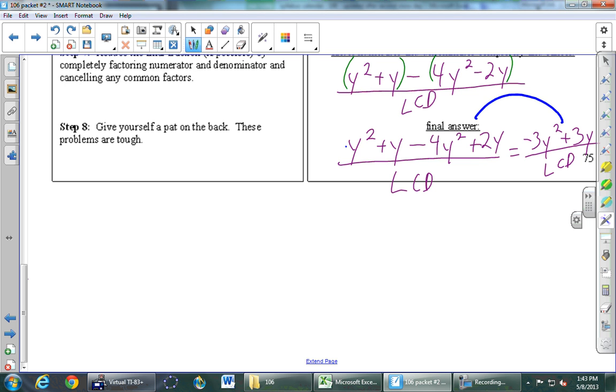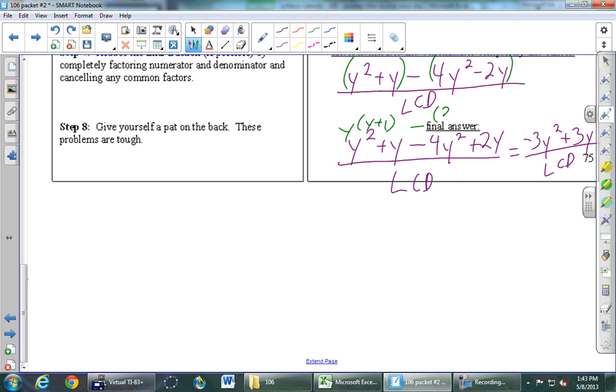But if instead of distributing here, we had left it as a y times y plus 1, because that's what it was, and then subtract, I forget what this guy was. It was 2y minus 1, and then I think there was a 2y in the front. Like that green thing, you can't go any further unless it's distributed, and then you can combine terms. So that's why we distribute on the top, is because we know we're probably going to be able to combine like terms at the end.